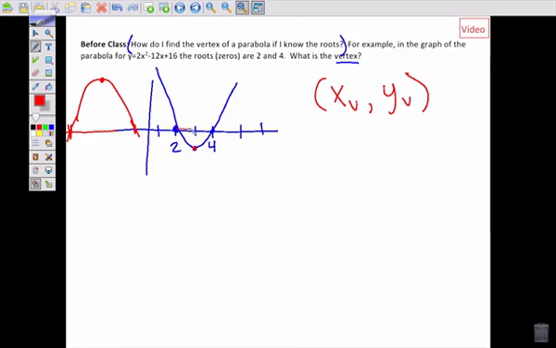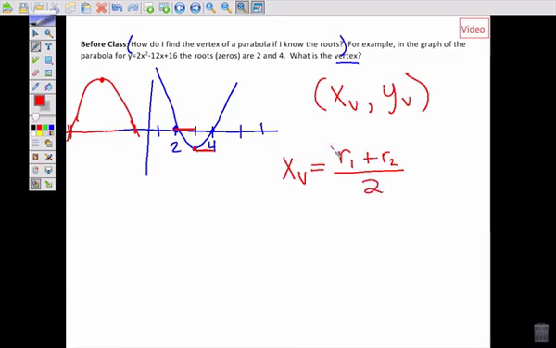So that means the distance from 2 to the vertex is going to be the same as the distance from 4 to the vertex, all right? So the formula to find that would be, and you can write this down, x of v equals root 1 plus root 2 divided by 2.